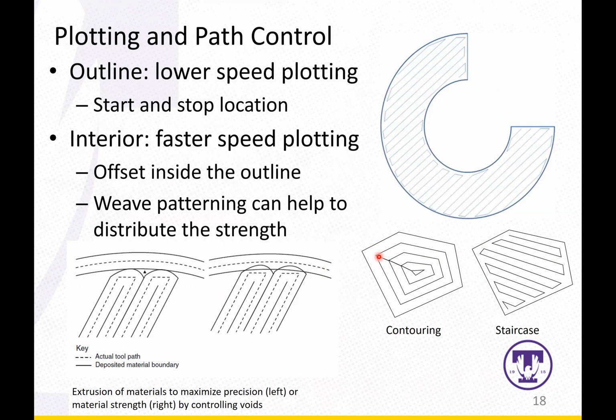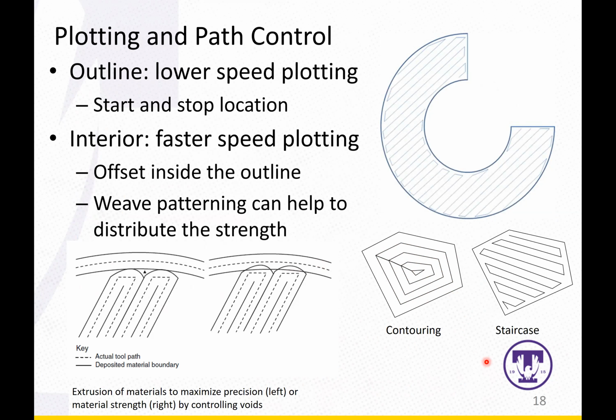For one layer, this point will be the start point, and then go all the way back, and then move inwards and start plotting again, and so on and so forth until it goes to the most interior region. So that's how this contouring works.